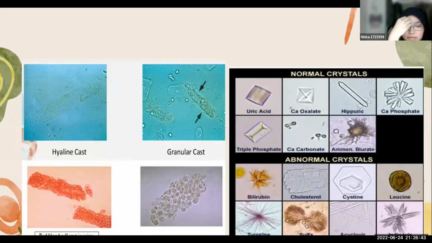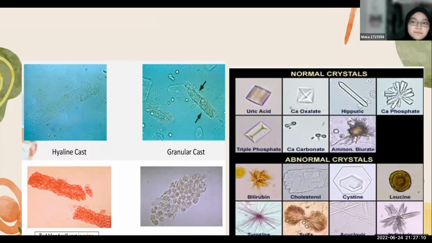Hyaline cast is a normal cast. Everyone can have that. Granular cast can indicate that there is degeneration of the cell in the kidney. That may signify any kidney disease. Red cell cast, we can kind of know that the origin of the bleeding is from the glomerular, higher up. And any crystal in the urine, like for example, bilirubin crystal, we can see.